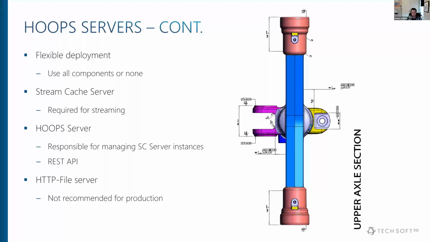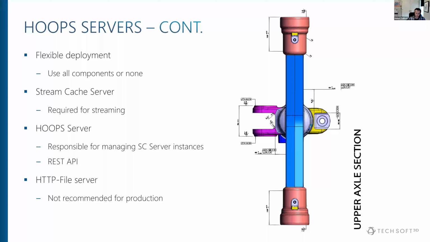And so our tools are flexible enough to do all that. And what you're going to find with the HOOPS servers, certainly this comes up often during product evaluations, is that people are a little bit confused on what components they need to use of our HOOPS servers, what are optional, how they should manage the lifecycle of the stream cache servers, should they use the HOOPS server, what about your file server? And so we'll talk a little bit about that now.